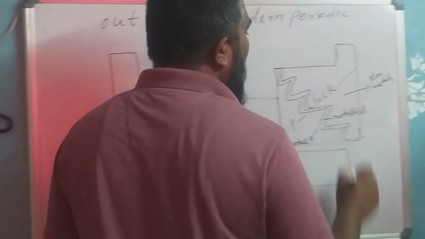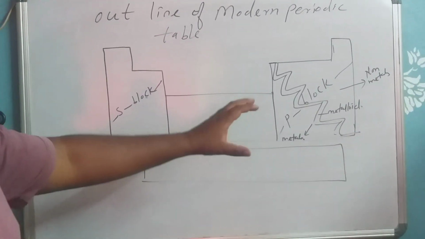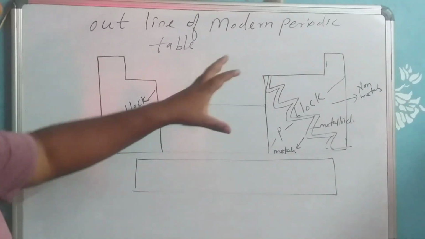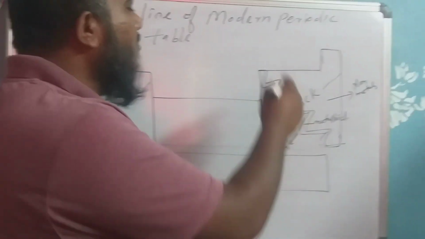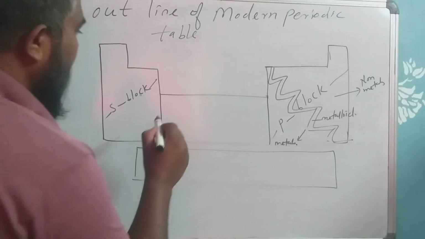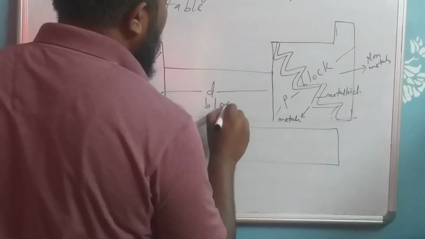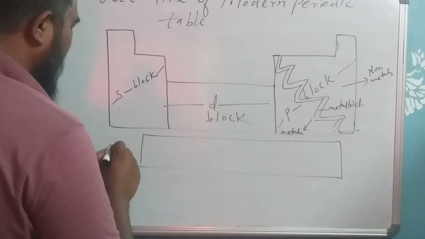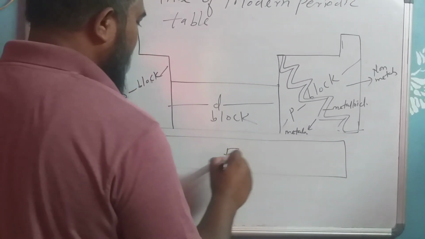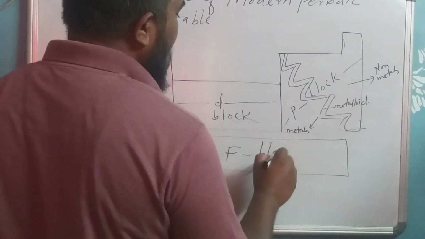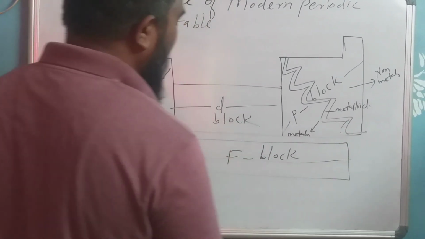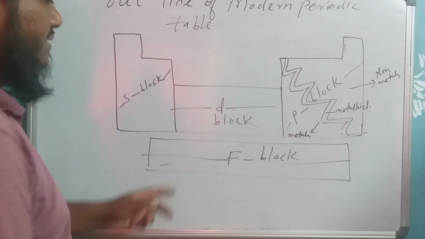So all three types of elements, metals, non-metals and metalloids, are present in the P block. Now this middle part is called the D block, and the last part is called the F block. This F block contains lanthanides and actinides.